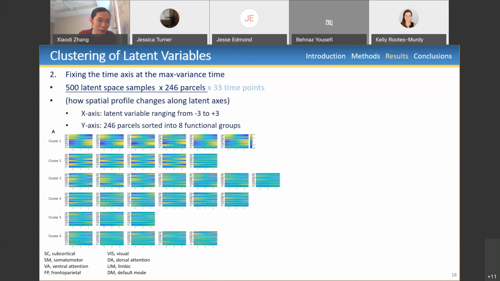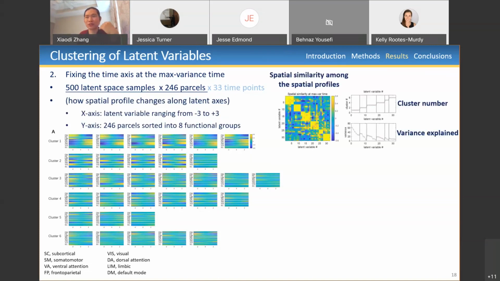And here it can be better seen that in the first row, the 6 different latent variables seem to have a very similar spatial profile. And you can actually show the spatial similarity among these spatial profiles, and I guess you can see there are 6 different groups, which is why we perform k-means clustering.